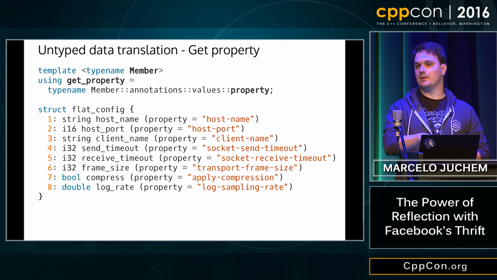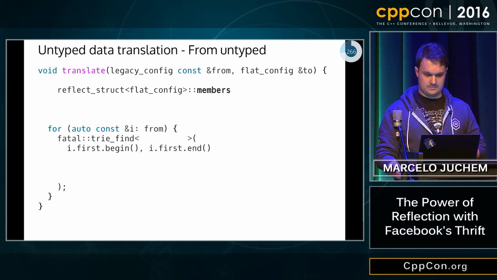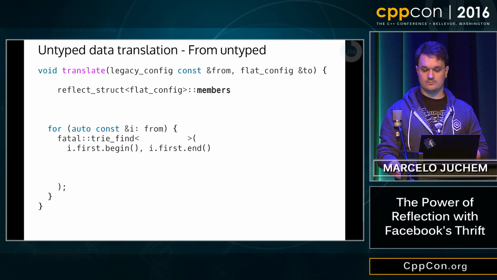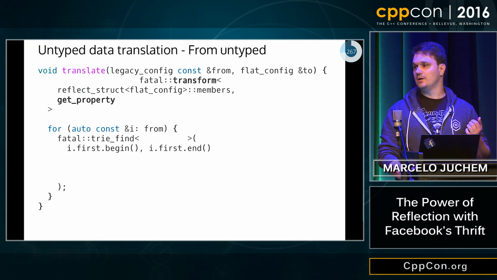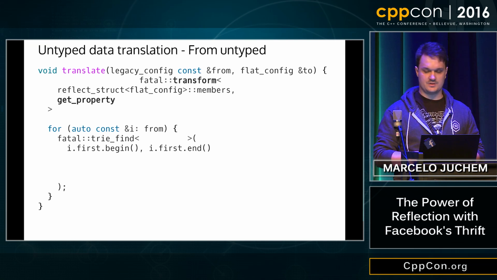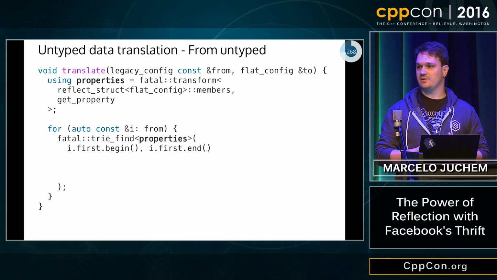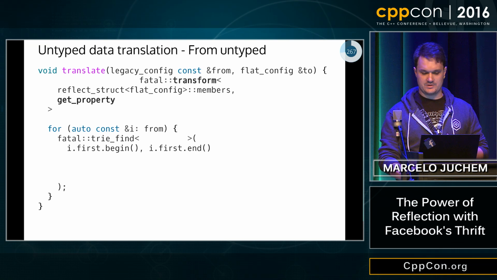It's going to look up this mapping that you just wrote in the IDL and return you the correct thing. So we have to transform this list to convert the members to the property values themselves so that we get the correct mapping. This gives us a type list of properties containing host name, host port, and all those things that we saw on the right here.